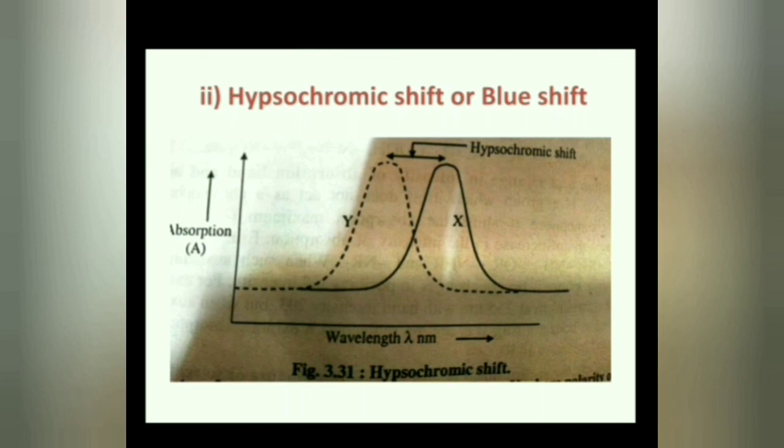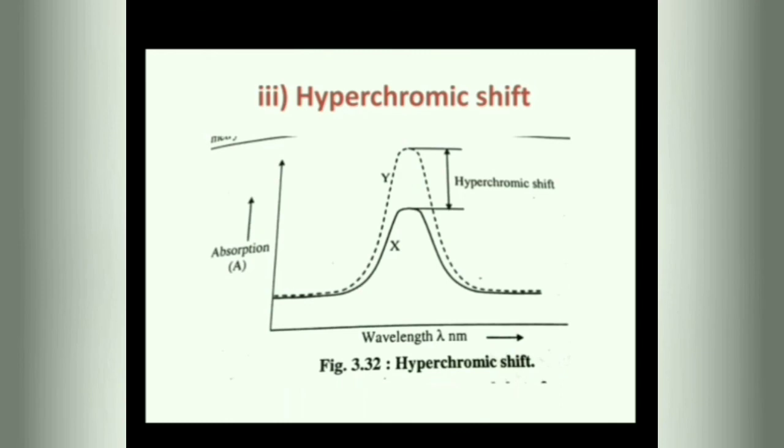So in this particular graph of absorption versus wavelength, the X is the normal one and Y is the expected, that is the hypsochromic shift or blue shift. In this case, we see that the absorption at the start is maximum, but after some time it occurs at a shorter wavelength. Next is hyperchromic shift.